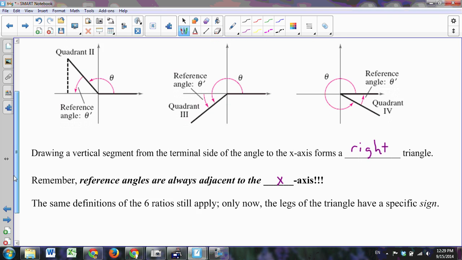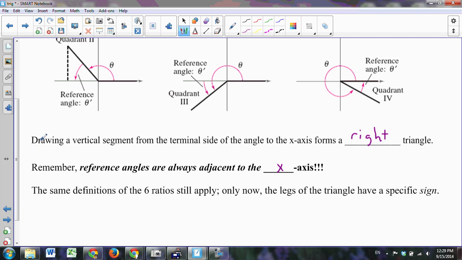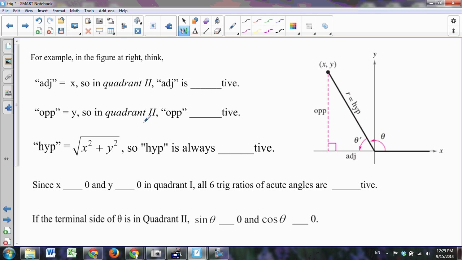So those same 6 definitions of sine, cosine, tangent, cosecant, secant, and cotangent still apply. Only now the legs of the triangles have a sign, positive or negative. So let's get into that.